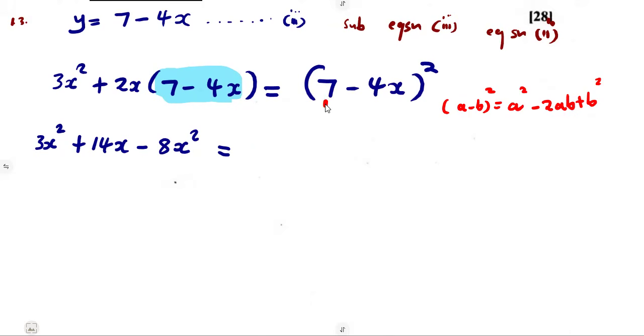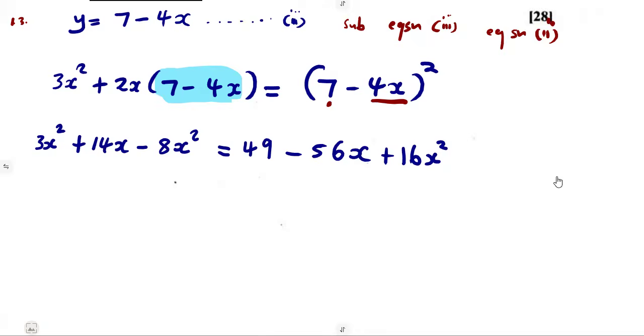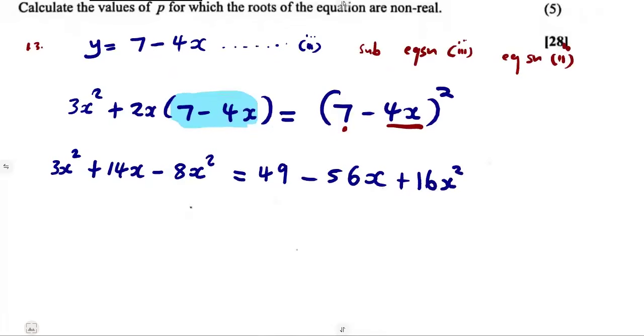So your a squared, 7 squared, that is 49, minus 2 times 7 times 4x, which was going to give you minus 56x. And the last squared is 16x squared. So these are your squared terms.